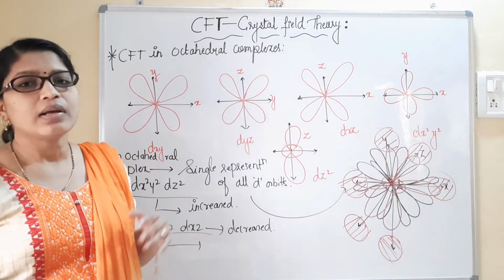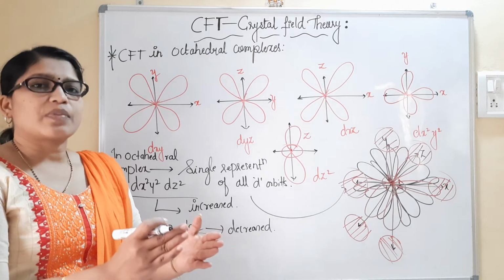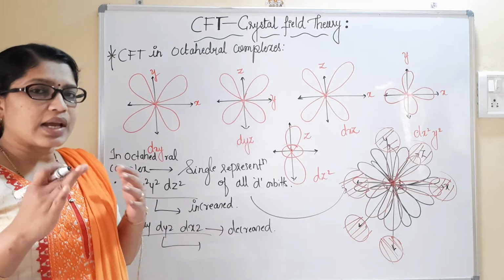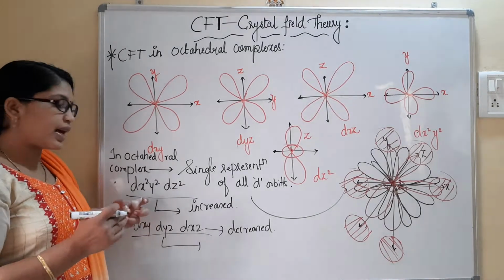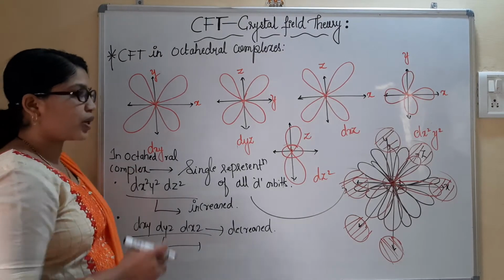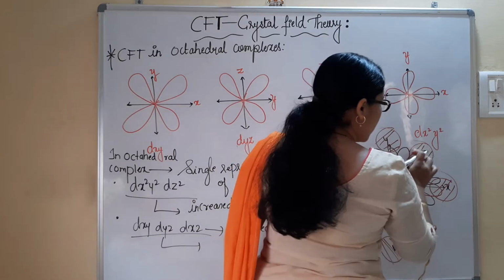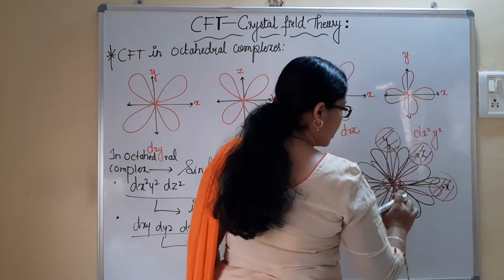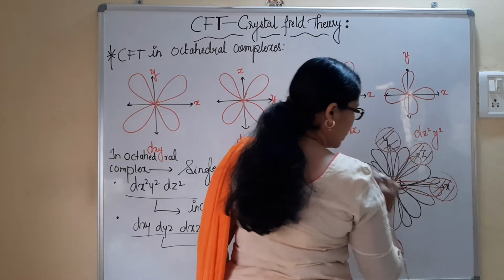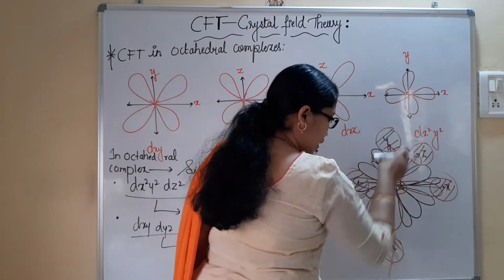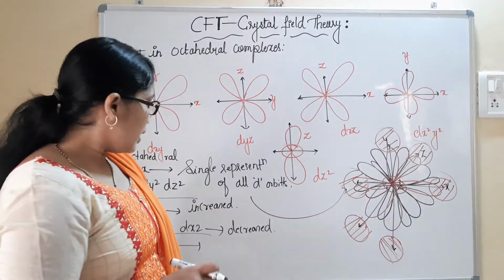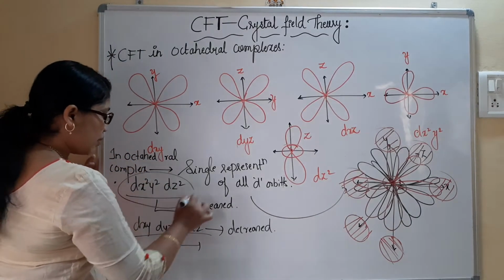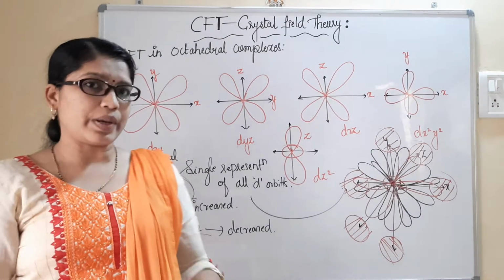Ligands are repelled and orbitals present along the axis are repelled. Energy is going to be increased. What are those orbitals present along the axis? They are dx square minus y square and dz square. You can see here, we have dx square minus y square and dz square, here also. In between the axes, where they are approaching, no repulsion is seen. In the case of octahedral, these are the main orbitals that are going to be repelled.